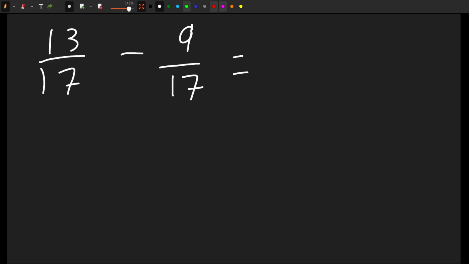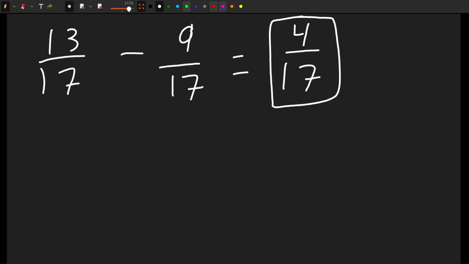We'll start off with 13 over 17 minus 9 over 17. And since they have the same denominator, we just subtract the numerators. 13 minus 9 is 4. 17 remains the same. And there's our answer.